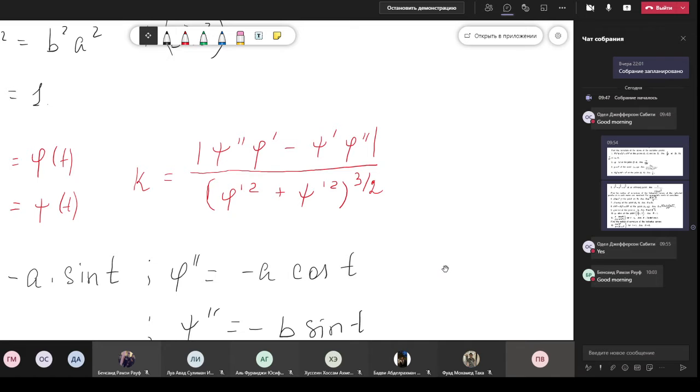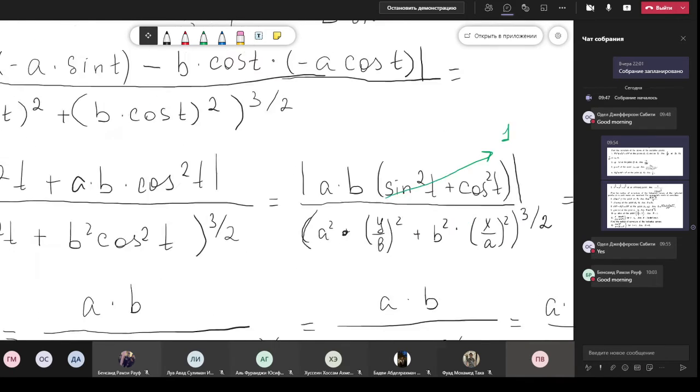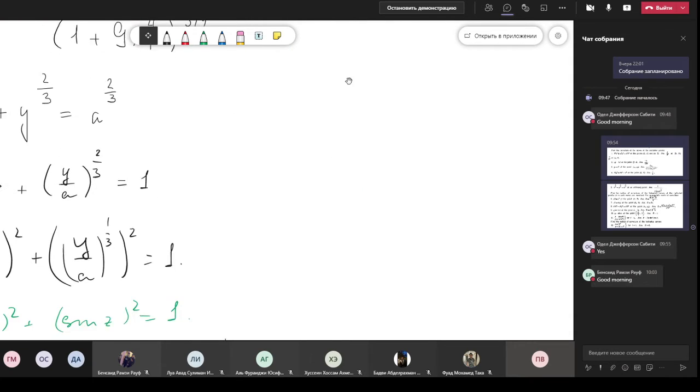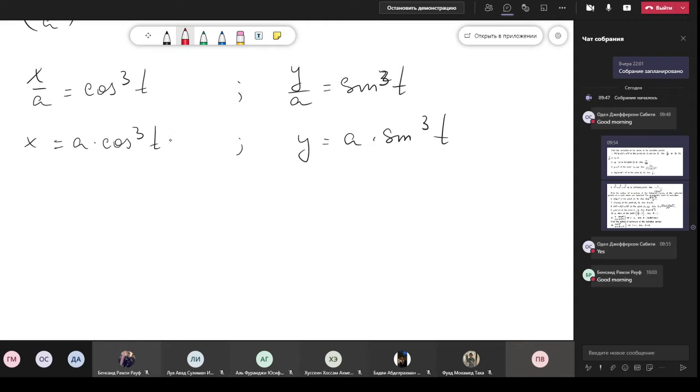In that we must find phi prime, phi 2 prime, psi prime, psi 2 prime, where phi is x and psi is y. Here phi of t, here psi of t. Calculate.